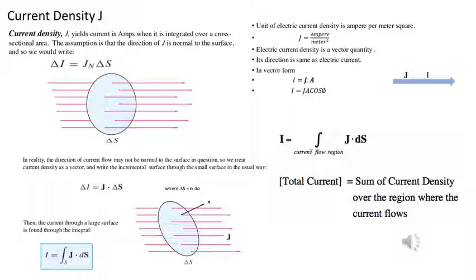It is generally denoted by the letter J with a vector arrow. Another important fact about current density is its magnitude: it is the current flowing per unit cross-sectional area of a conductor. Once again, current density is the current flowing per unit cross-sectional area of a conductor.